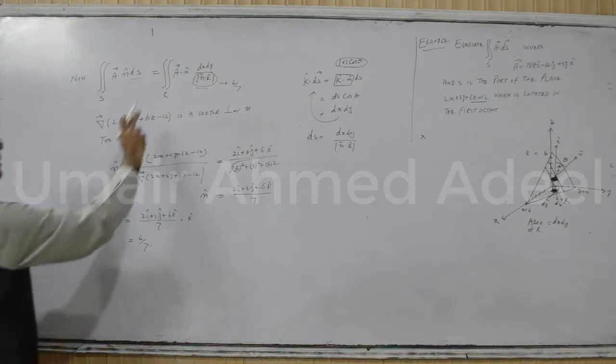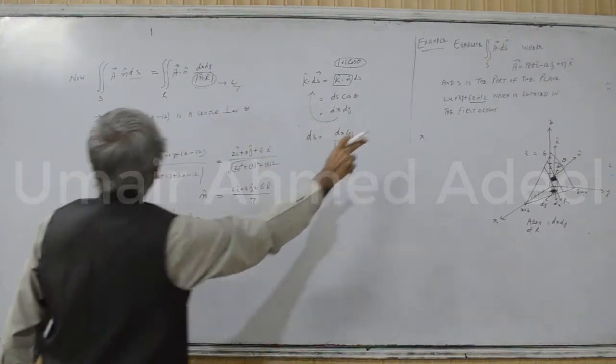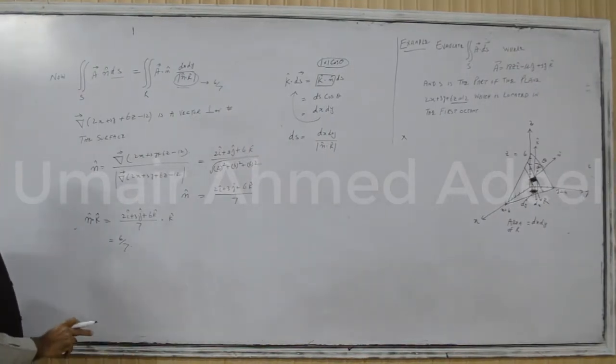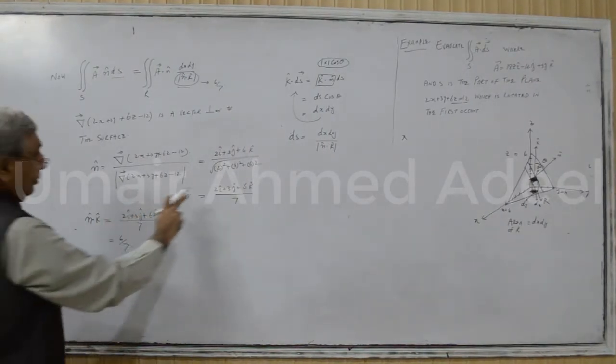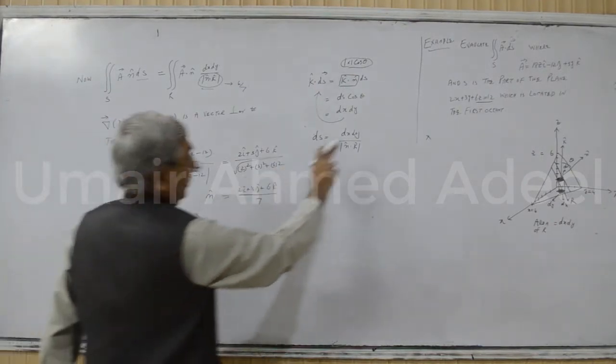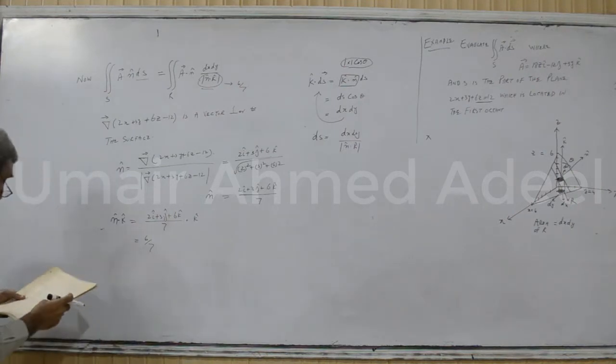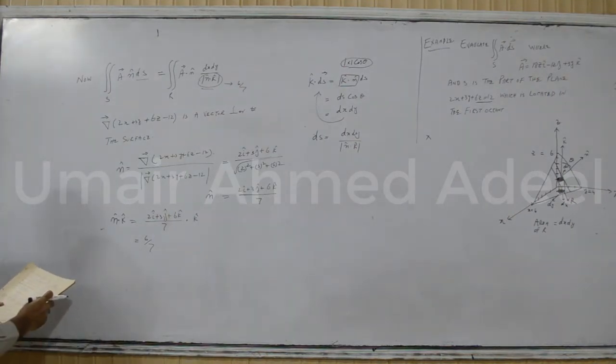Then you calculate a dot n. A is given to you and n is given to you. So take dot of this with a.